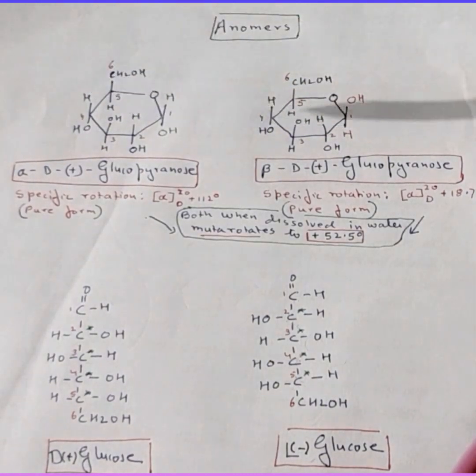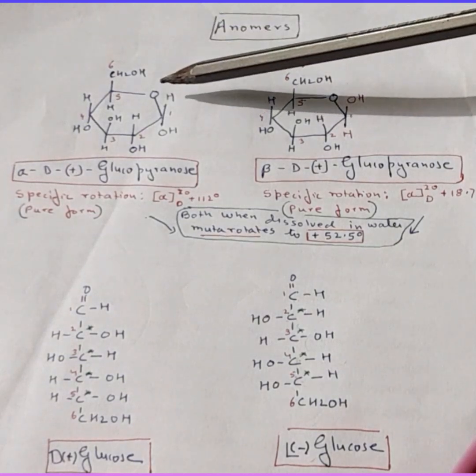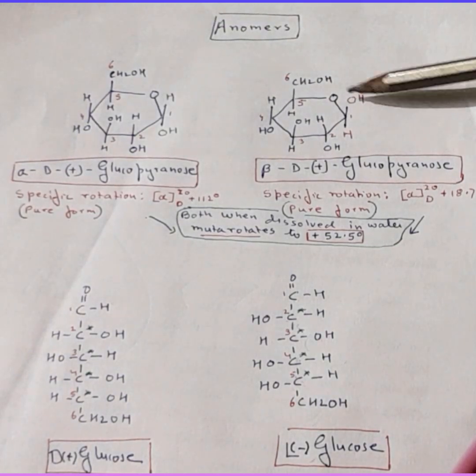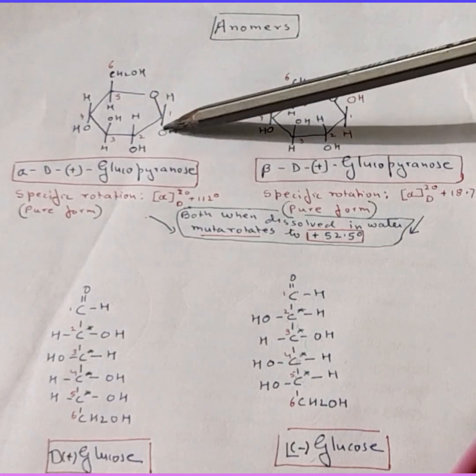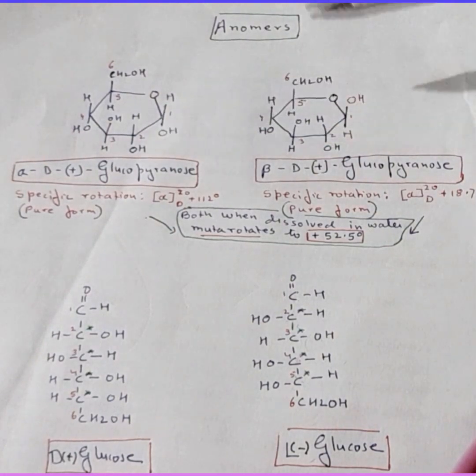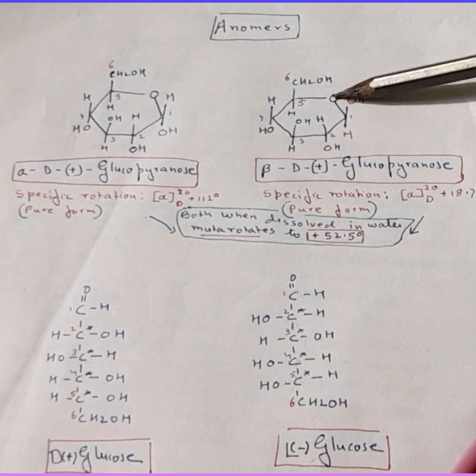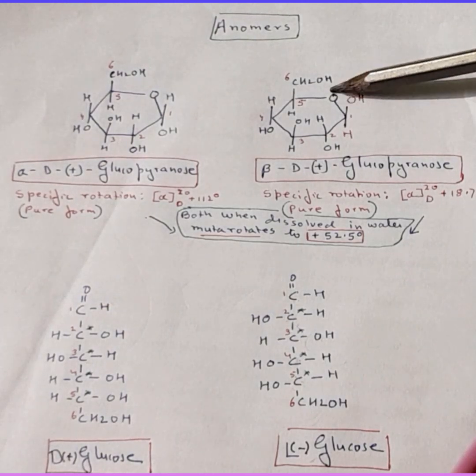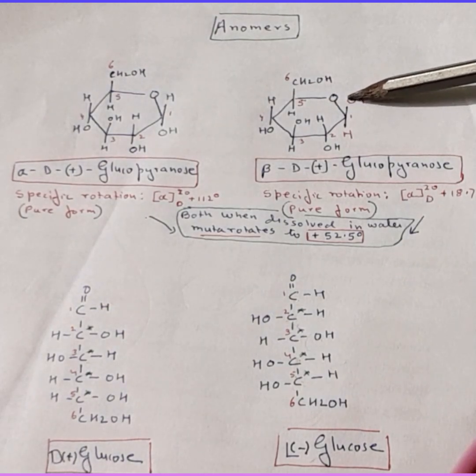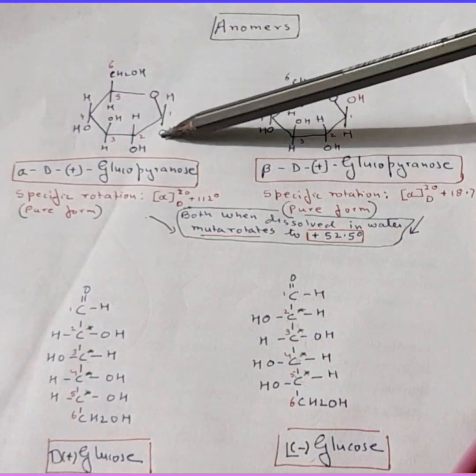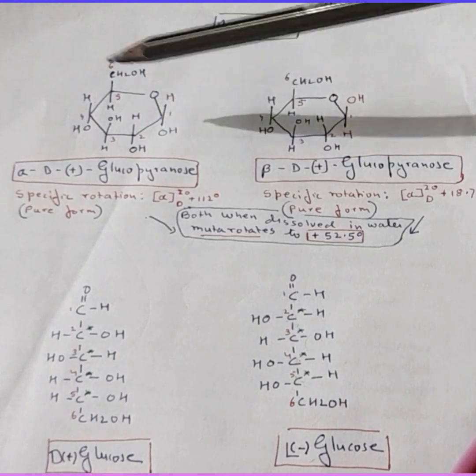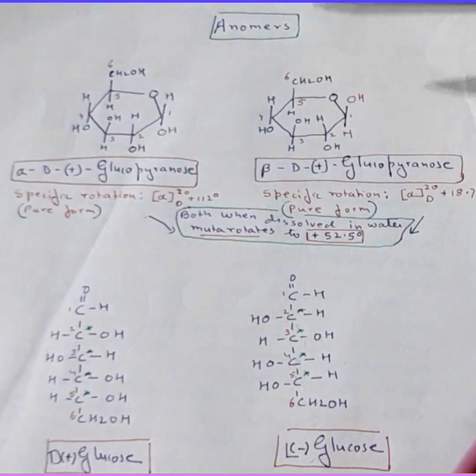But what's the difference between the 2? As I mentioned, in this case we'll find this OH is very close to O, whereas this OH is away from O. The OH which is closer to O, we call that beta, whereas the one where this OH is away from O, we call it alpha.